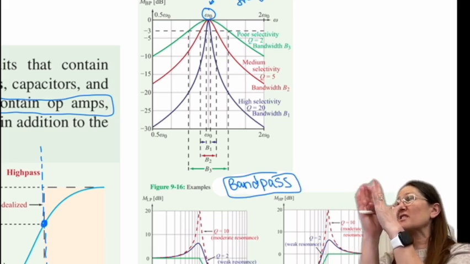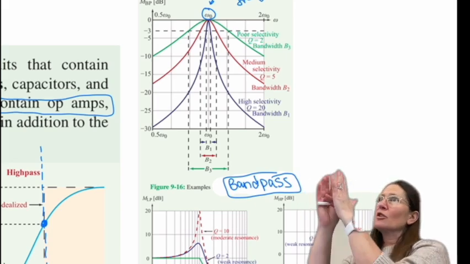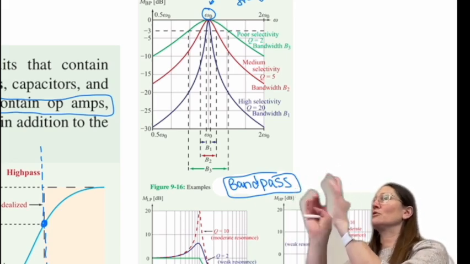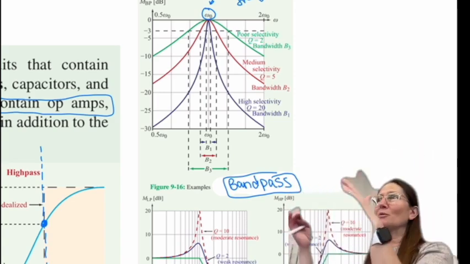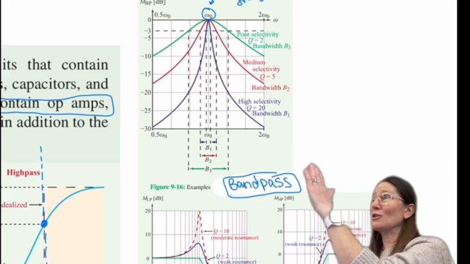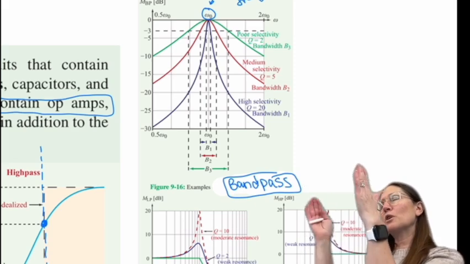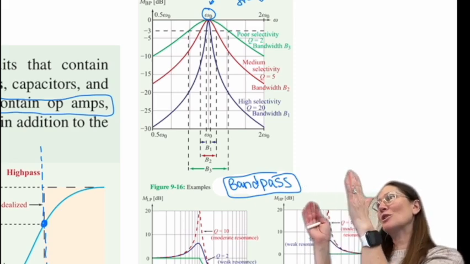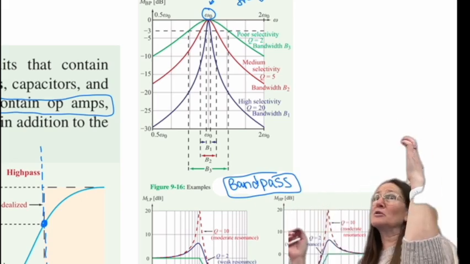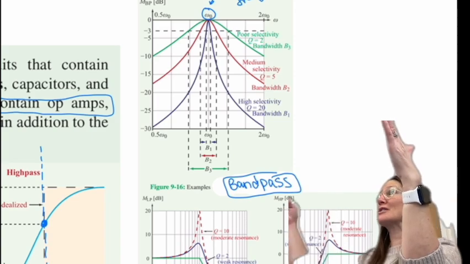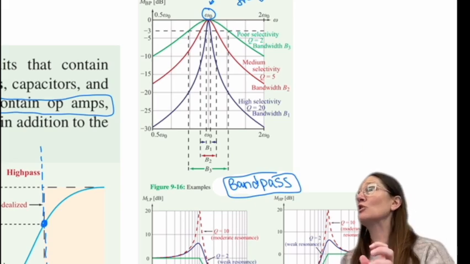So we want it to be as narrow as possible, right? Because we want to say just let 3 hertz go through. Just let 5 hertz go through. So if I'm trying to just pass 3 hertz, and remember that one that had all the noise on it, it will actually pass all that noise with it too if it's not right at 3 hertz. So if it's really wide and it goes, well, anything's going to pass from 1 hertz to 10 hertz, that's going to also pass a lot of that noise that we don't want.